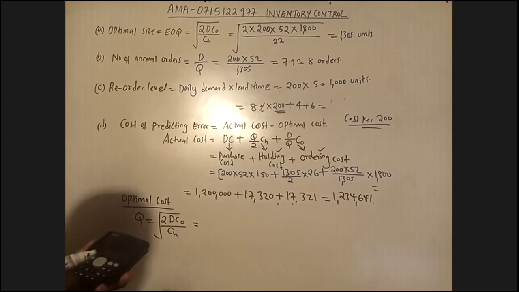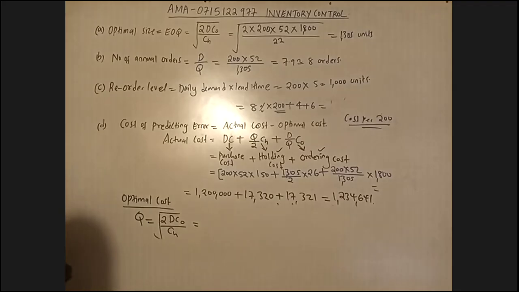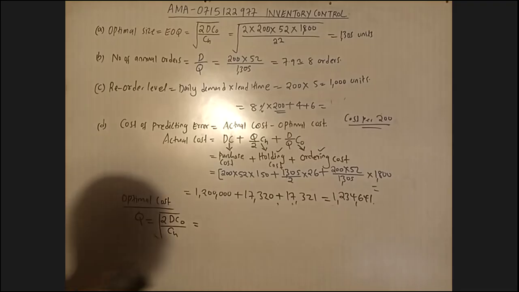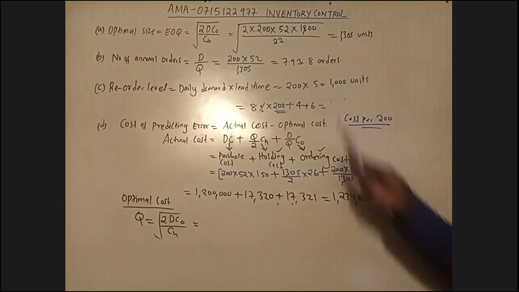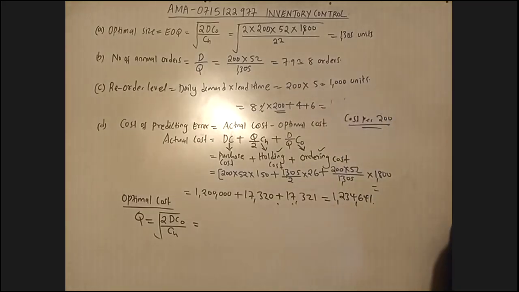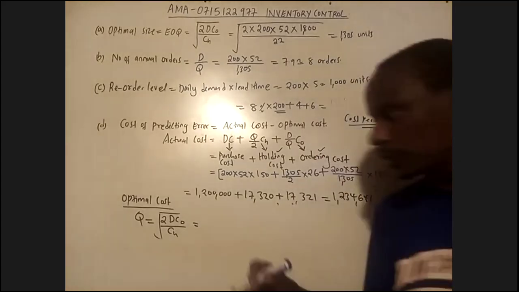Let me confirm whether it was 4 and 6. It comes to 26. Yes, when we did the first one we got 22, which was 0.08 times 150 plus 6 plus 4. So yes, the same.